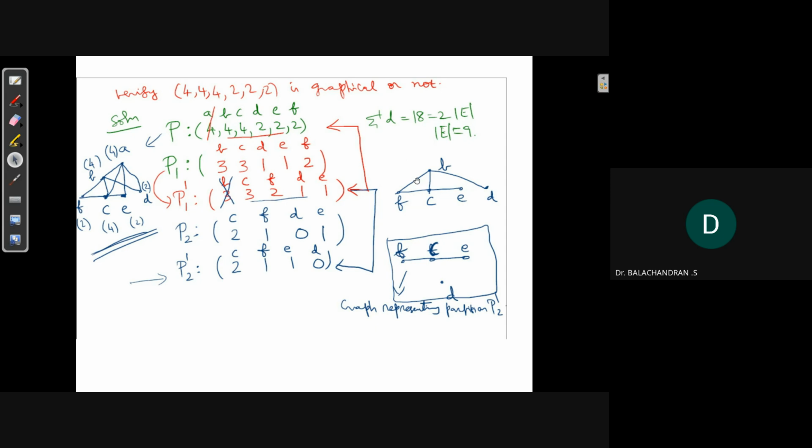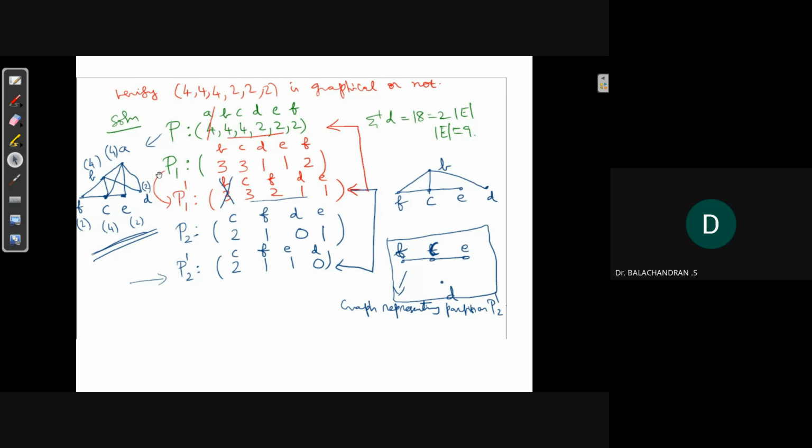From this graph, next, I should take this one. Here I should add A. From A, I should join B, C, D, E. So this is A. I add edges to B here, C here, D here, and E here.